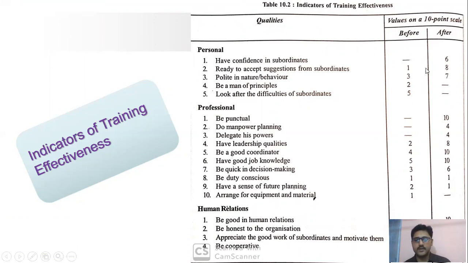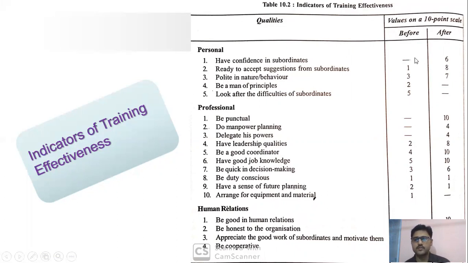So before implementing the training program, what are the scores of the employees? Like confidence, to what extent he is accepting suggestions, what is his politeness in his behavior, what would be the criteria. It can be customized according to your needs. Okay, whether he is punctual or not, whatever may be.